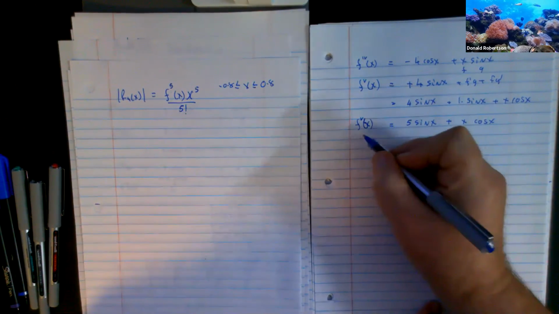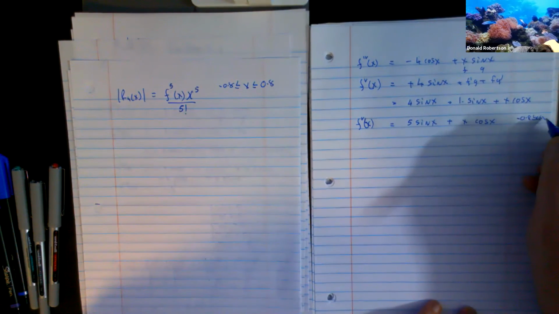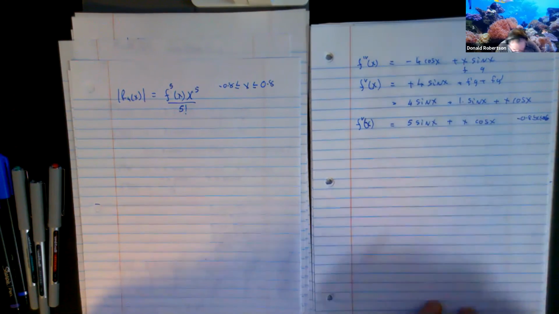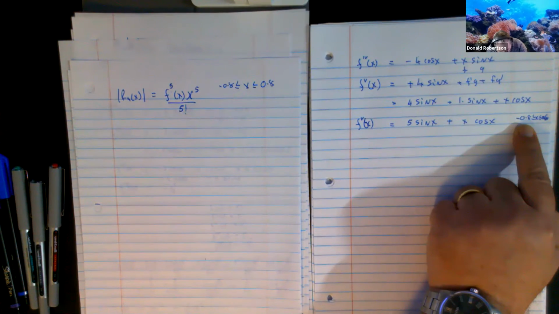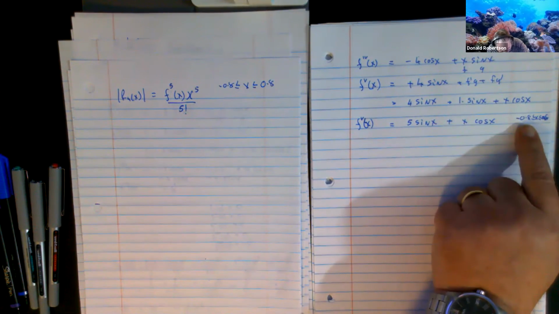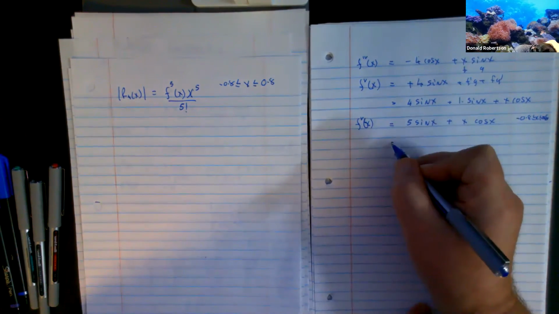Now I want the maximum value. Now the maximum values, 99% of the time, tend to happen at the extremes, right? You agree? That's where we should look. So I'm not sure how these two are going to play together.